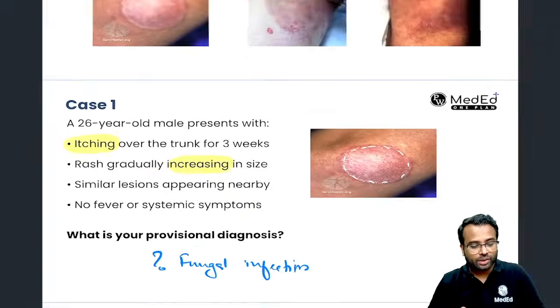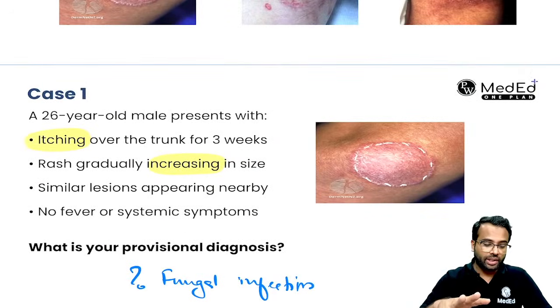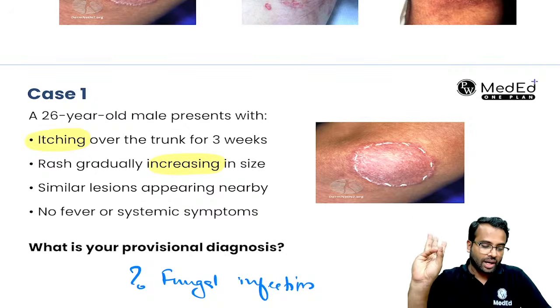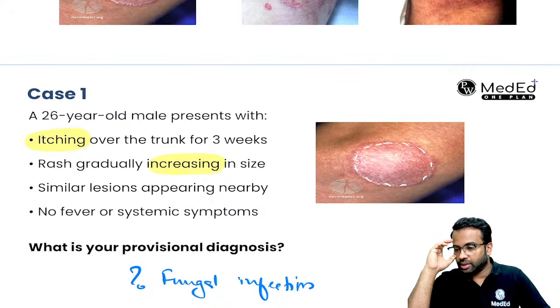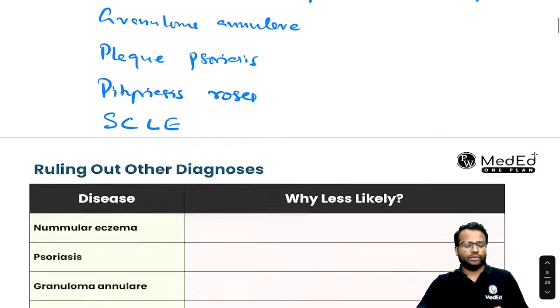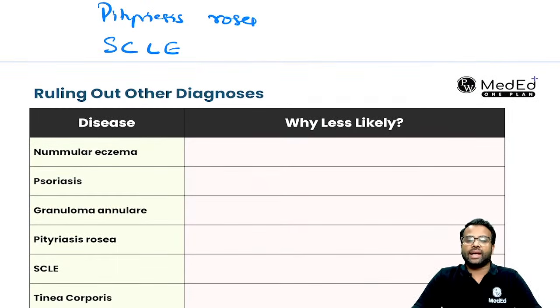History, please note: it is just that there is a 26-year-old patient who has had an itchy lesion for the last 3 weeks. And now similar lesions are appearing in other parts of the body and there is no fever and no systemic symptoms. Okay? So this is going to be the differential diagnosis. Now let's see why nummular eczema is less likely.